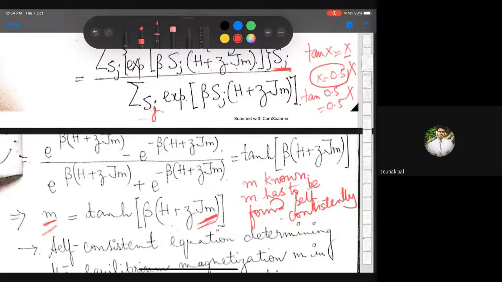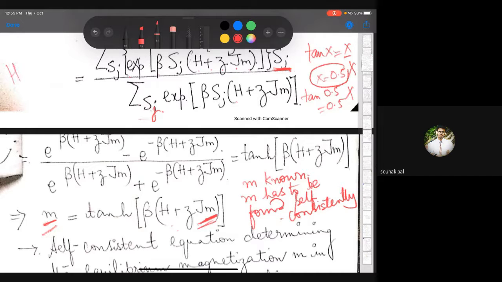It's an uncontrolled approximation because when you neglect something, typically in life, you know what you are neglecting. You say, okay, this is 2.000078. Let me neglect that 0.00078 and call it 2. So you know what you are neglecting. But here, unfortunately, you do not know quantitatively what you are neglecting.